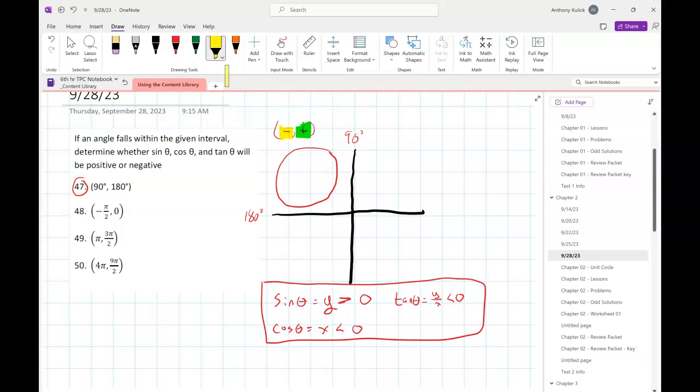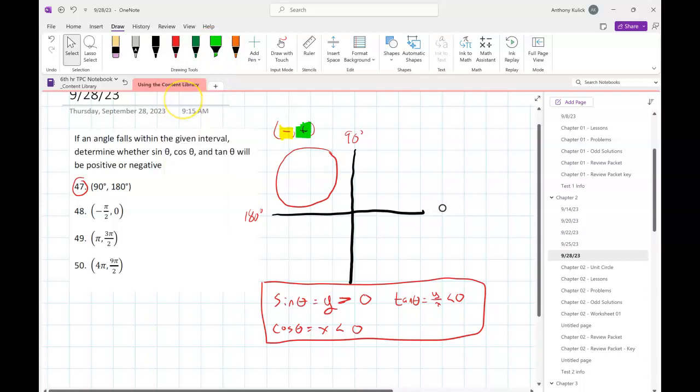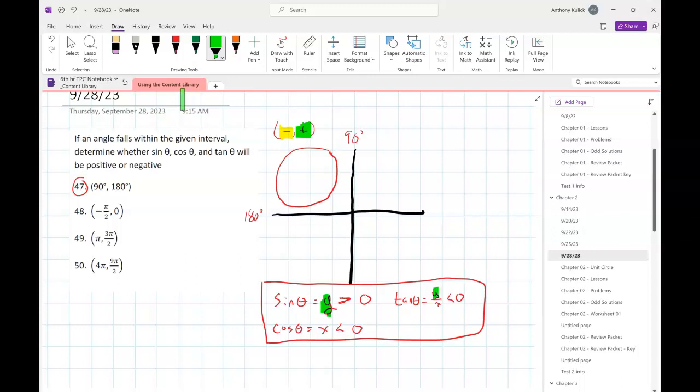I'm just deciding positive or negative, purely on the basis of whether in that quadrant the x's are positive or negative, or the y's are positive or negative. That's it. Since the y's are positive, we know sine is positive. Since the x's are negative, we know cosine's negative. And since positive over negative is negative, we know tangent is negative. Does that feel okay?